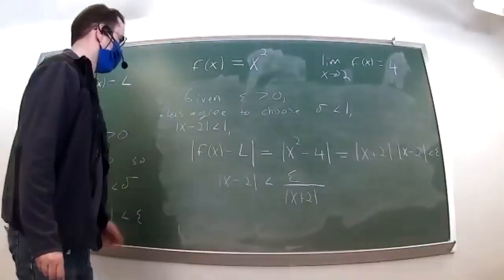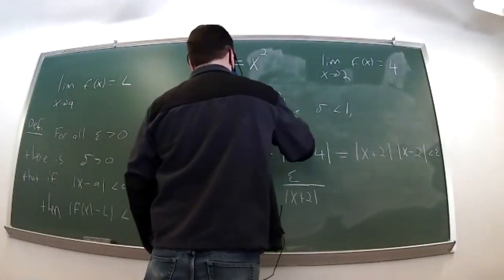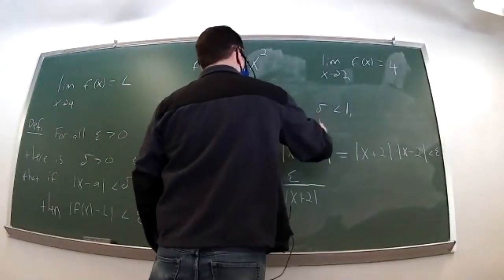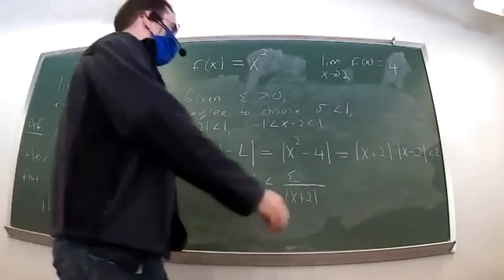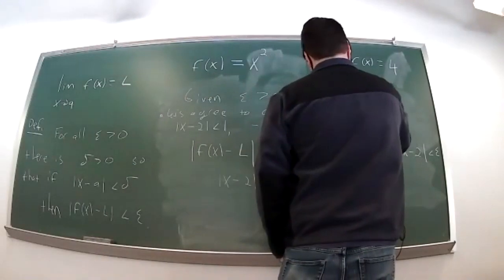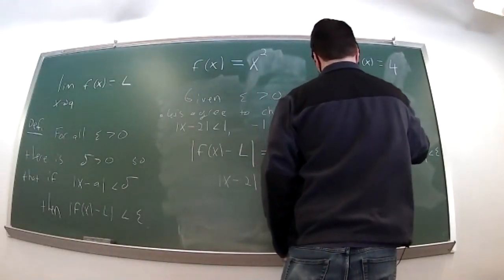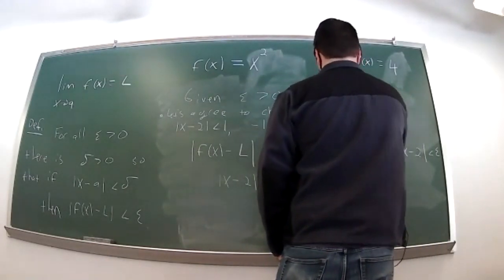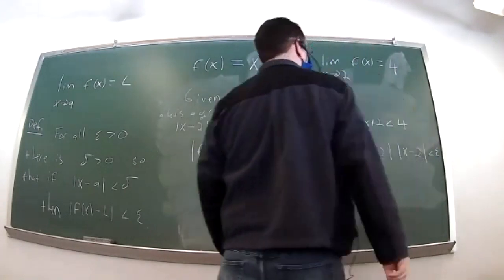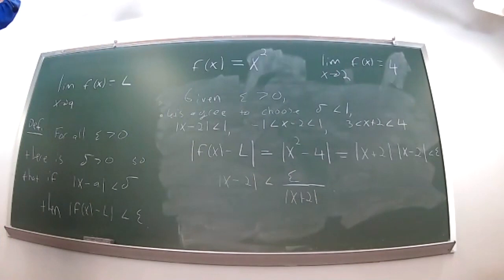But let's work with that a little bit. Let's rewrite that absolute value inequality. That's going to be minus 1 less than x minus 2 less than 1. Let's add 4 to all three sides to get 3 less than x plus 2 less than 5.